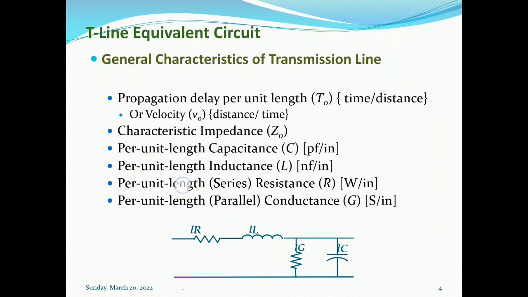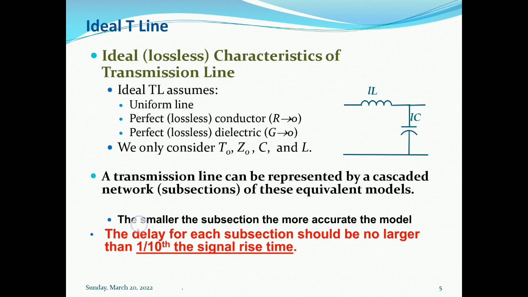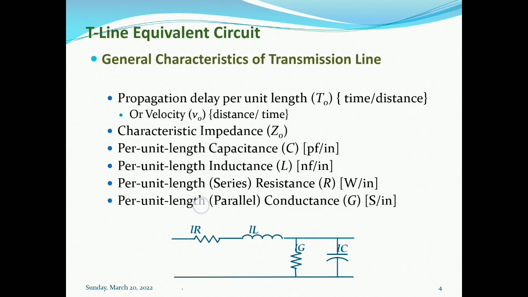This slide shows the general characteristics of a transmission line. The propagation delay per unit length, characteristic impedance, per unit length capacitance, per unit length inductance, per unit length resistance and conductance are the general characteristics of transmission lines. So what is the resistance? Resistance is uniformly distributed along the transmission line.